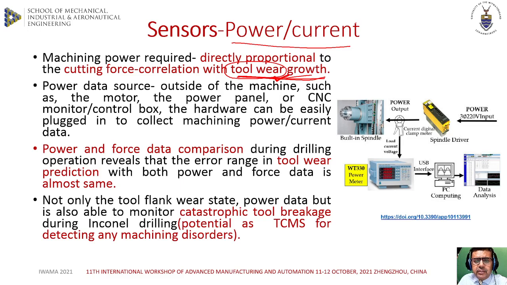These are quite cheap sensors, and it is easy to get the information and correlate it with the tool wear. They can sense catastrophic tool breakage. At the same time, they can also sense gradual tool wear. So they are great sensors which can be deployed for tool condition monitoring systems.